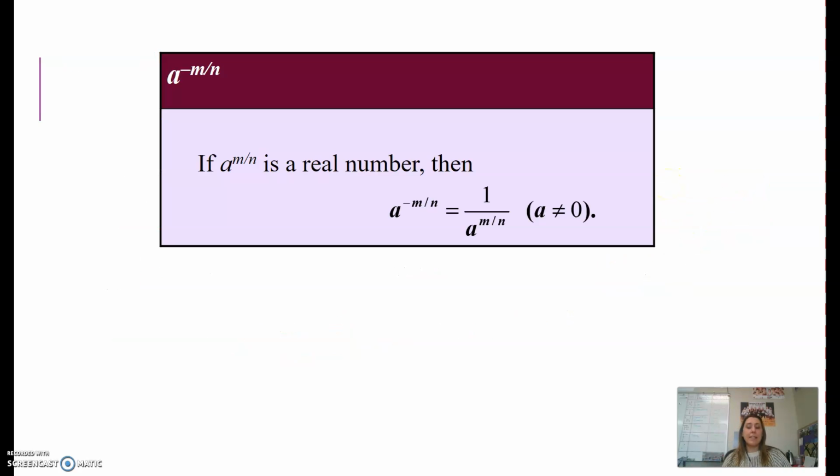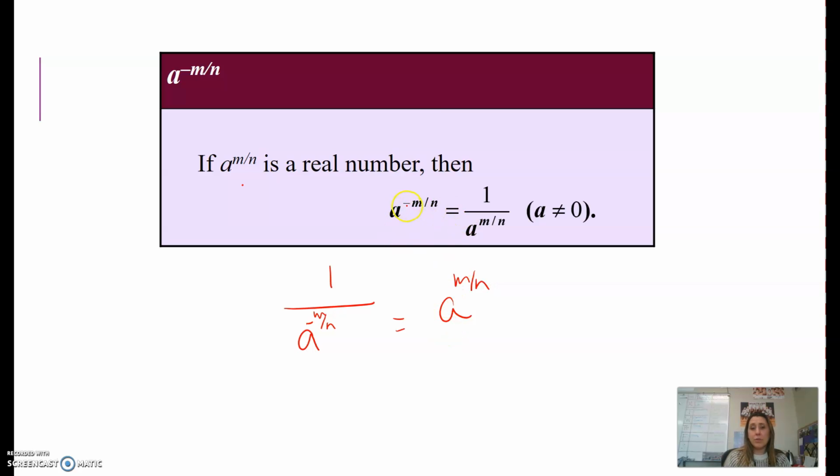All right, so go ahead and get this rule in. I think some of our classes got this on Friday, but if we didn't, here it is. Okay, so basically, if I were to write this in a different way, if we had 1 over a to the negative m over n, that would equal, we'd move it up top, so that would be a to the positive m over n.